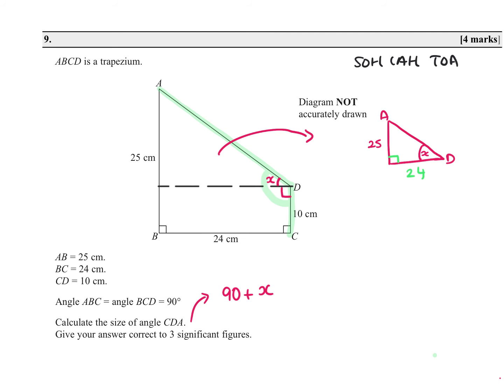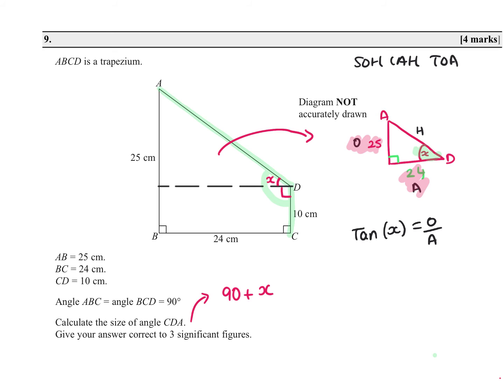Okay, label my triangle. Opposite the right angle, hypotenuse. Opposite the angle, O. The last one is adjacent. What do I have? I have O. I have A. What do I want? I want X. Which one has O and A in? Tan. So that means tan of X equals opposite over adjacent.